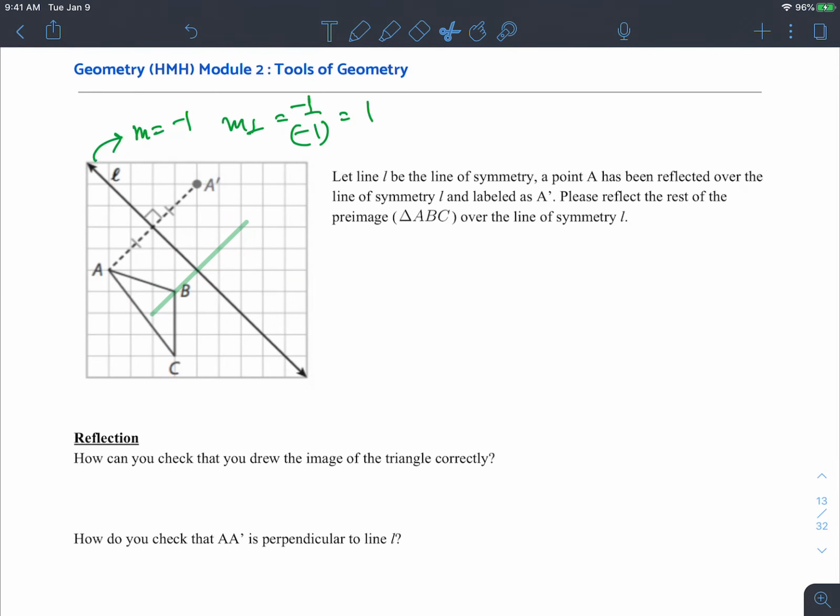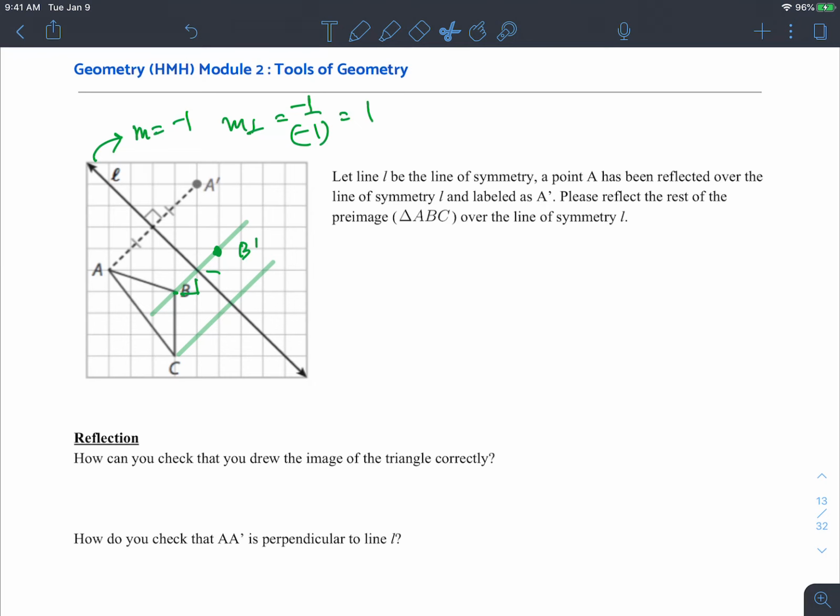And that way, I'm like, hey, wait a minute, if that's the case, this point, I went right 1, up 1, I do the same thing. So that must be the B prime. And I might do the same thing, right? I'll take a ruler, and I'm going to show it to you as if I have this going on, so I'll do it the same way this way, right?